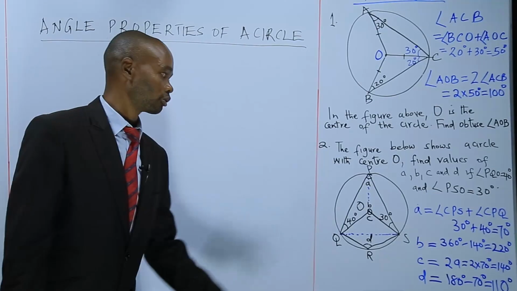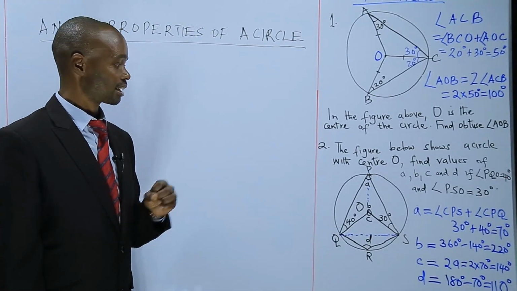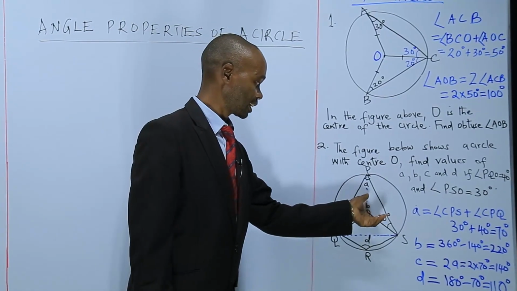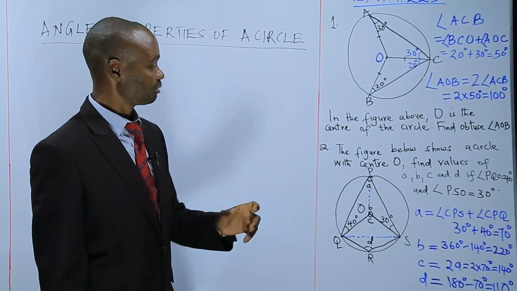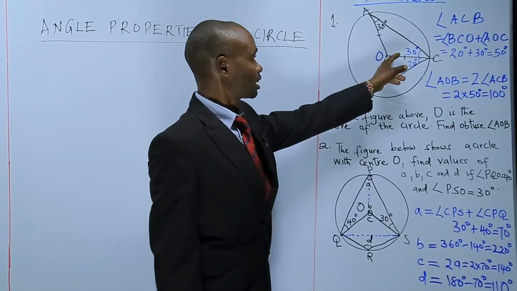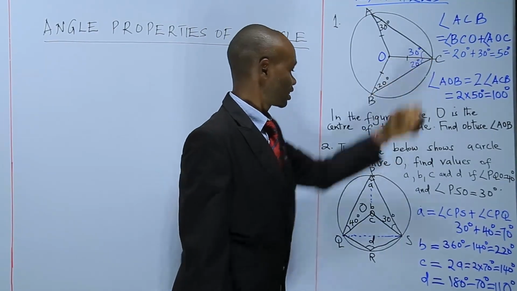Those are the values of those angles, and the concepts we have highlighted are very important. Number 1, properties of angles in an isosceles triangle. Number 2, angle subtended by a chord at the center of the circle and at the circumference, their relationship.